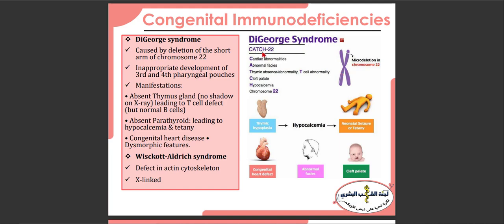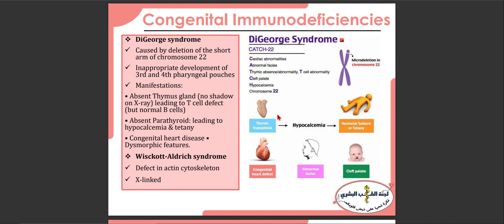The mnemonic of DiGeorge syndrome is CATCH-22. The patient of DiGeorge syndrome will present with cardiac abnormalities, abnormal facies, thymic absence or abnormality, T-cell abnormality also, يعني 2 T's عندنا, cleft palate, hypocalcemia, it happens in chromosome 22.